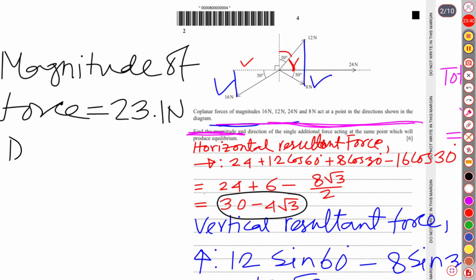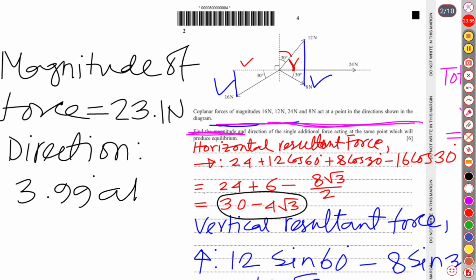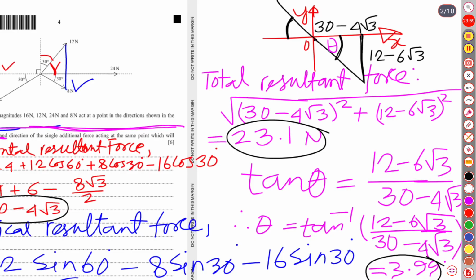Now the direction is how much? 3.99 degree above. Where is our resultant force? So let us see the figure. Look at this, not the resultant force, the extra force should be over here.